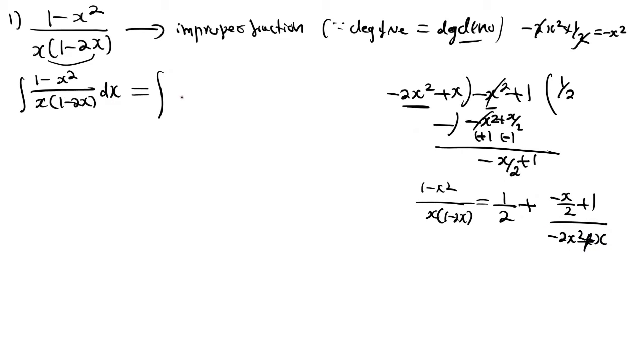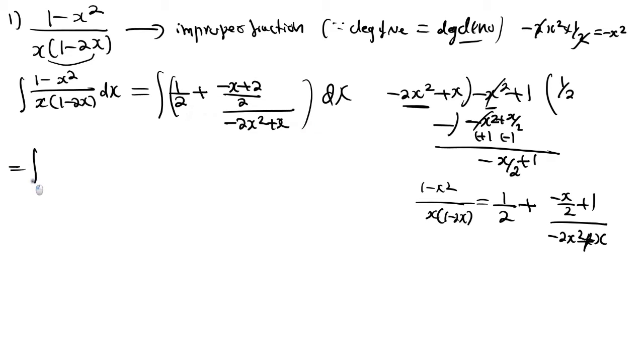It is nothing but the integration of 1 by 2 plus, simplifying minus x by 2 plus 1, you will get (minus x plus 2) divided by 2, the whole term divided by minus 2x square plus x, into dx. Now you need to integrate this separately.